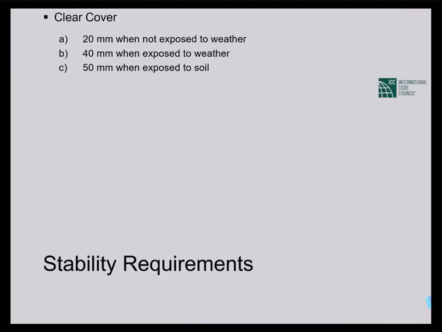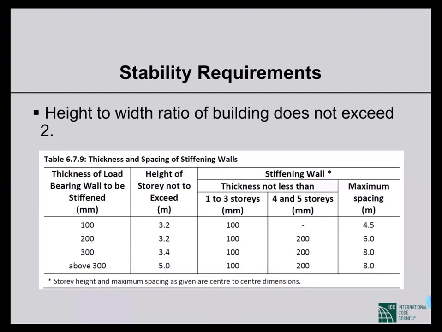Stability requirements, right? So here you see the story height is given, and for earthquake resistant building, this cannot in any case be more than 3.5 meters. So specifically that is also given there. And number of stories, height to width ratio of a building cannot be more than 2. And no table of this chapter mentions masonry buildings of more than 5 stories in height. So that is implicitly a kind of a limit.